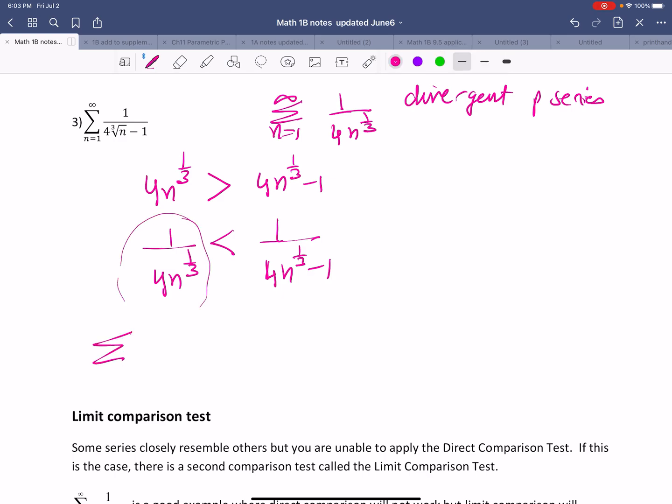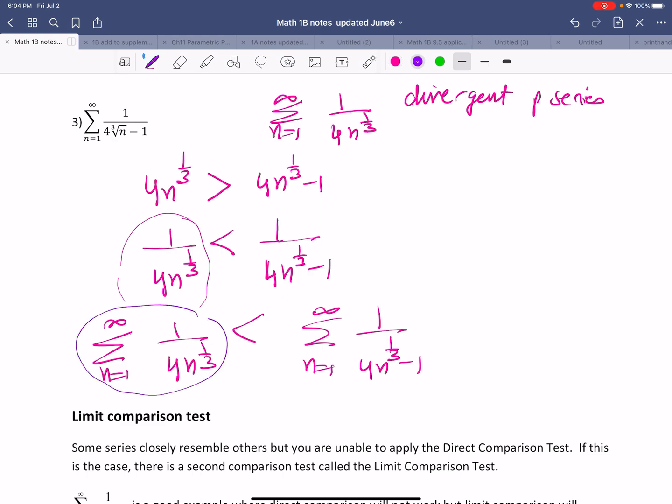So I can say the summation n equals 1 to infinity of 1 over 4 n to the 1/3 is less than the summation n equals 1 to infinity of 1 over 4 n to the power 1/3 minus 1. So we know this smaller series diverges. We know that it's a p-series.